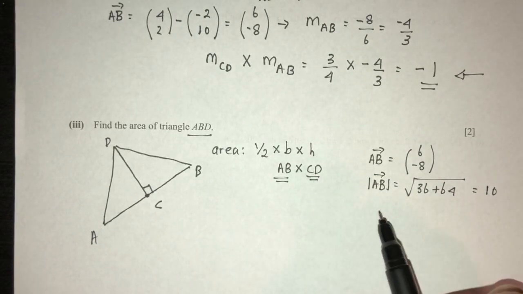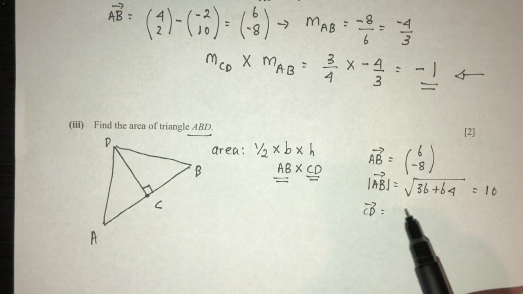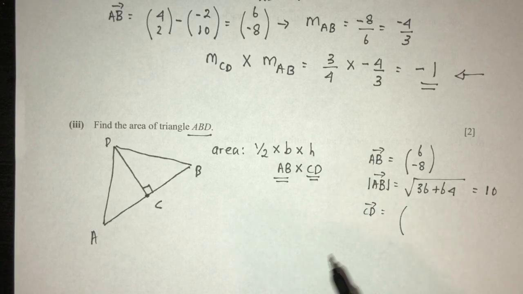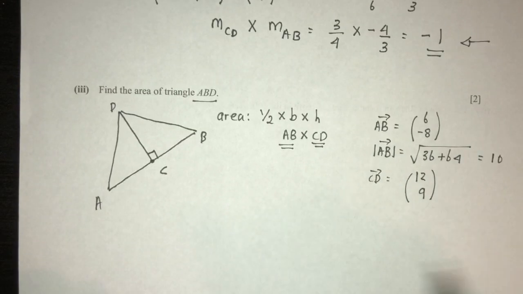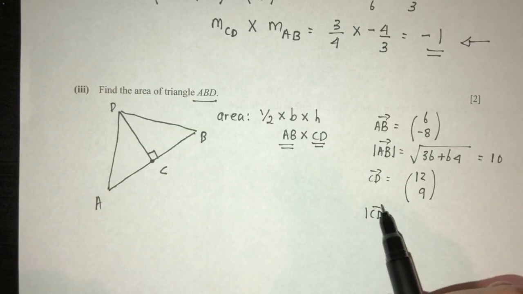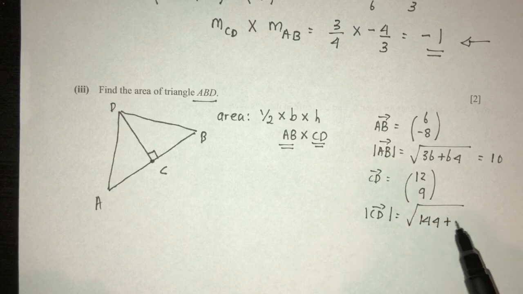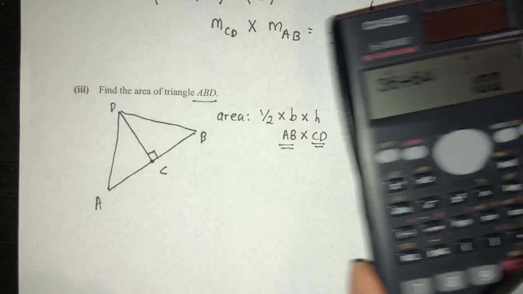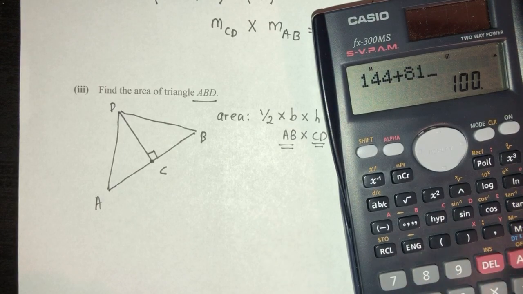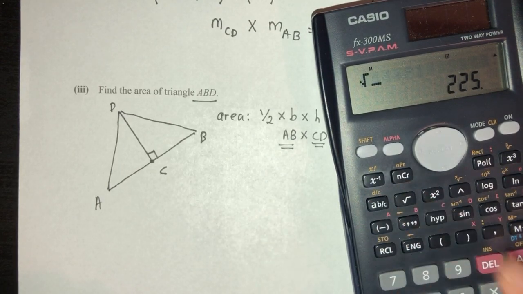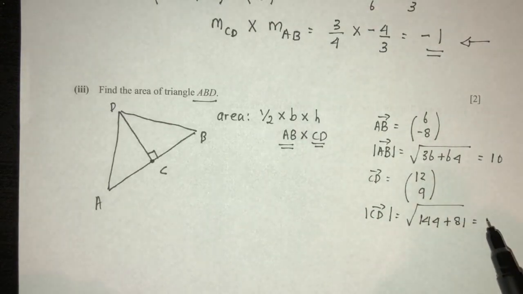Now the same thing for this. CD is given to you by 12, 9. This is according to your question. So the magnitude of CD is the square root of 144 plus 81. So 144 plus 81, the square root of that is 15.